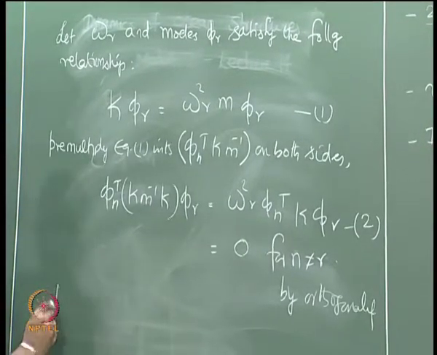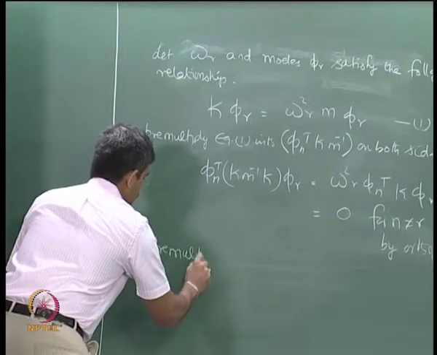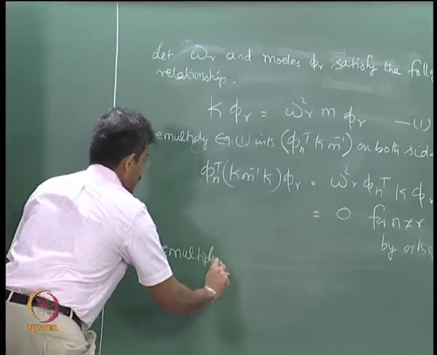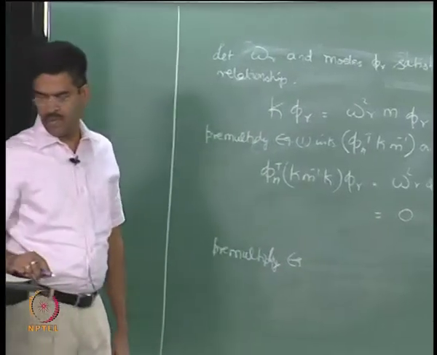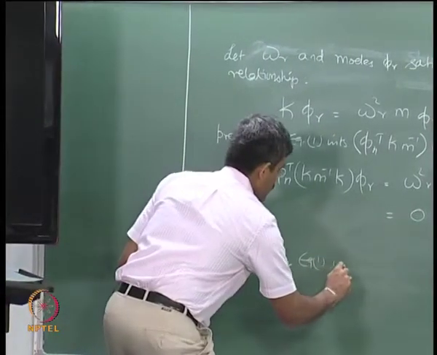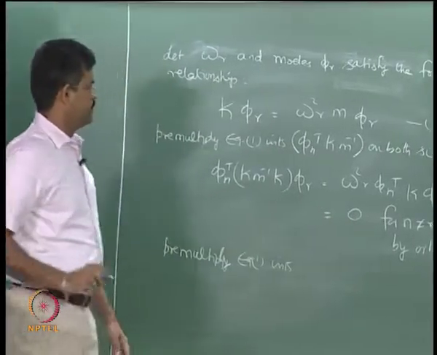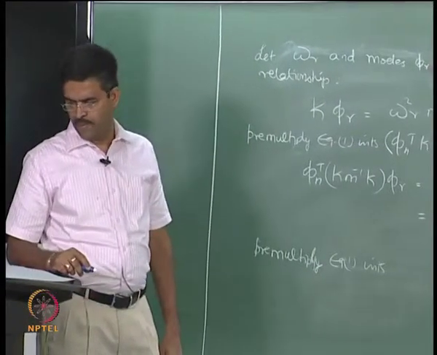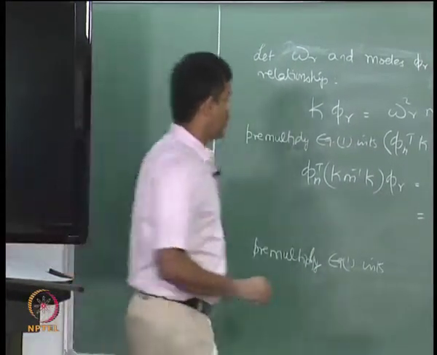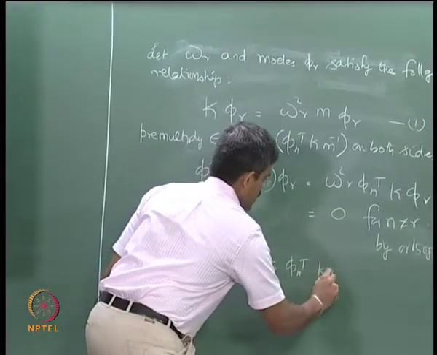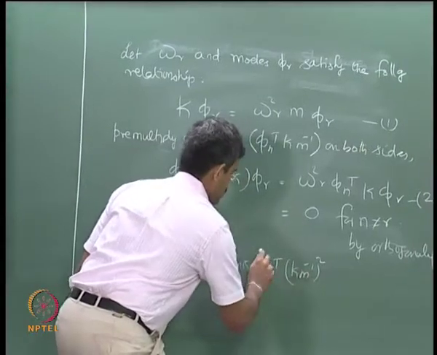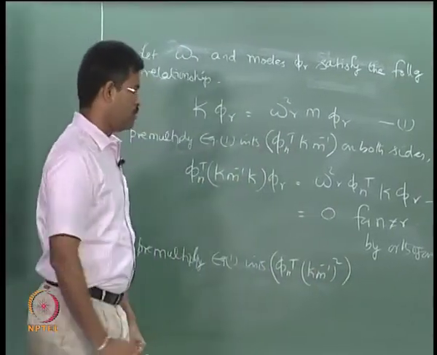Let us again pre-multiply equation 1 with the square of this, that is phi n transpose K m inverse squared on both sides.